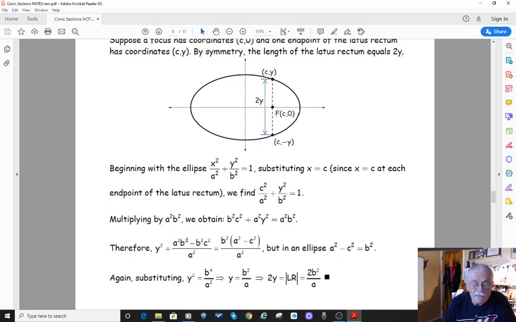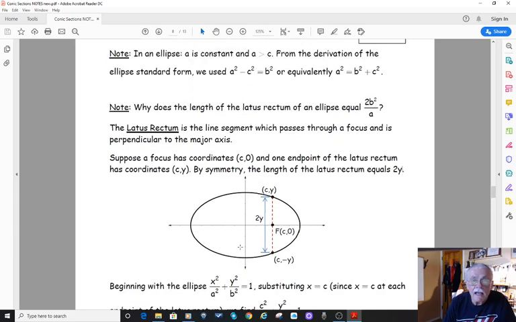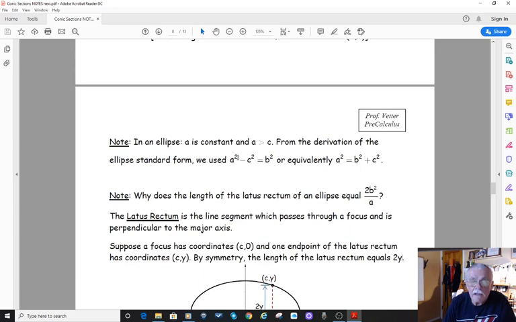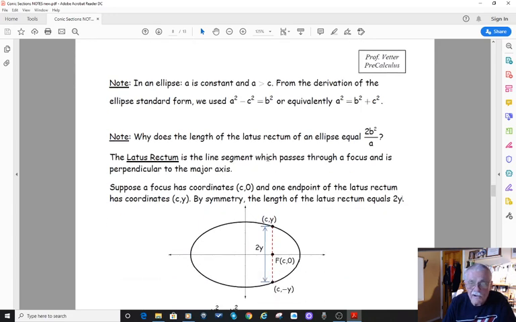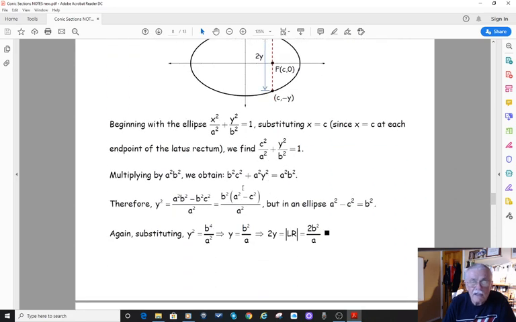You've got a b squared in each of these. I'm factoring out the b squared, and look at this. You've got a squared minus c squared, but remember, in an ellipse, a squared minus c squared is b squared. So therefore, this is b squared.